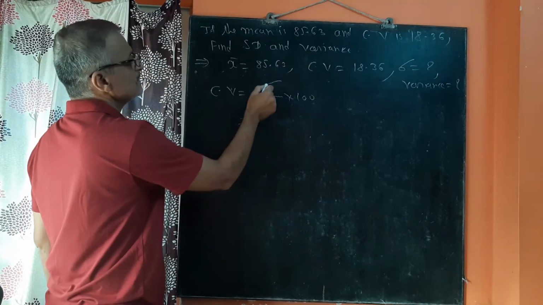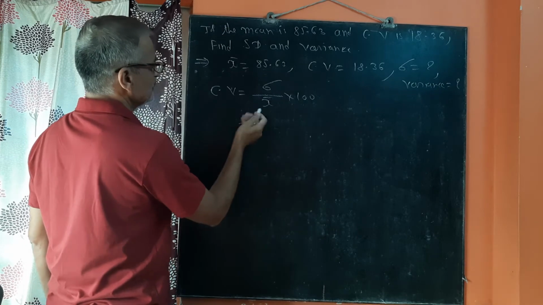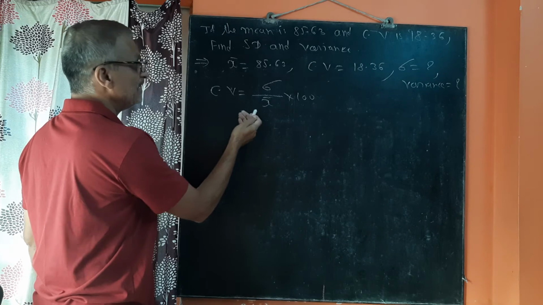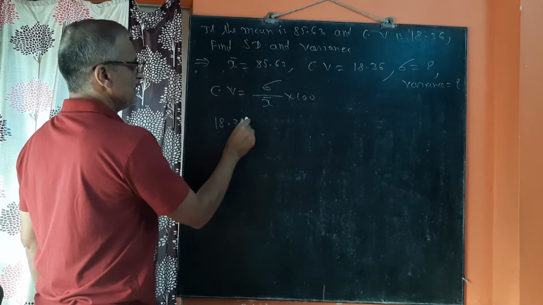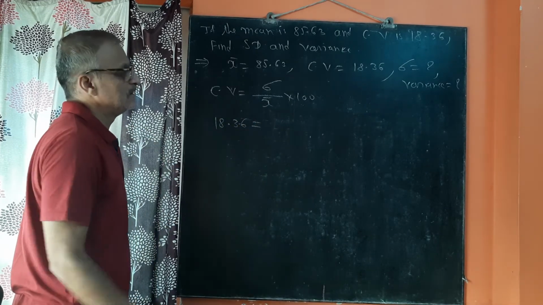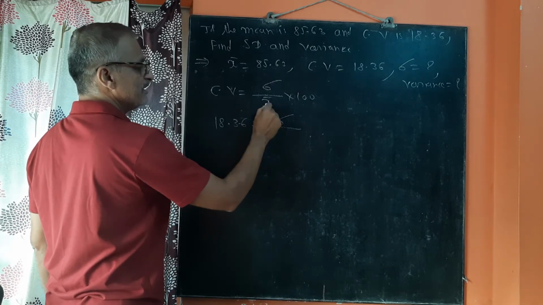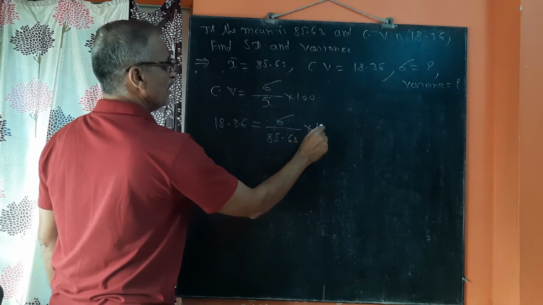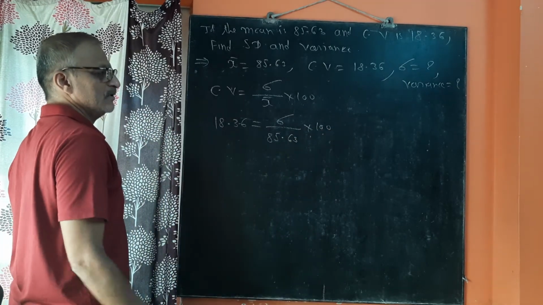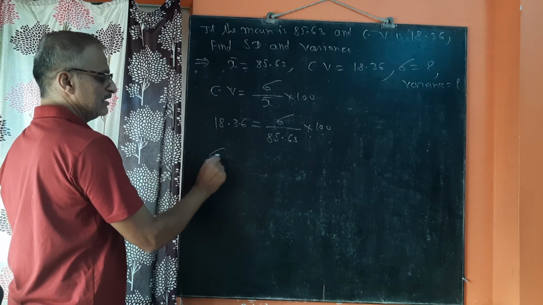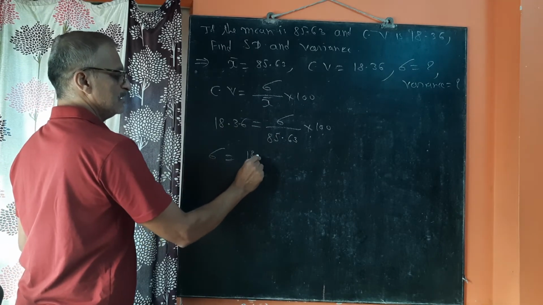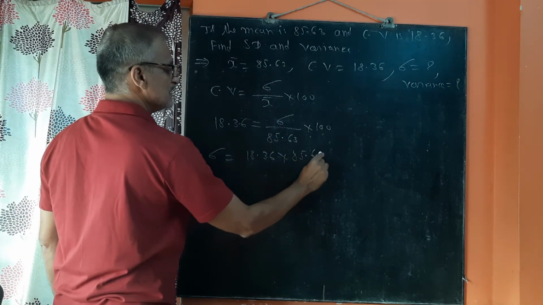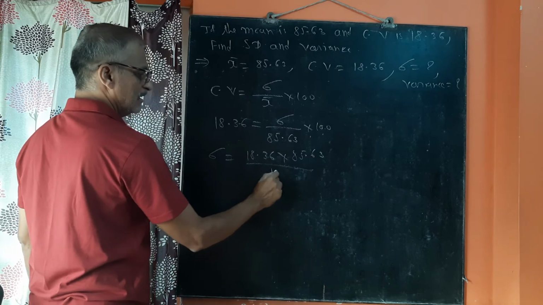Sigma is not given, we have to find it, but the value of CV is given. CV is 18.36. So 18.36 equals sigma divided by x bar, that is 85.63, into 100. By cross multiplication we get sigma equals 18.36 into 85.63 divided by 100.